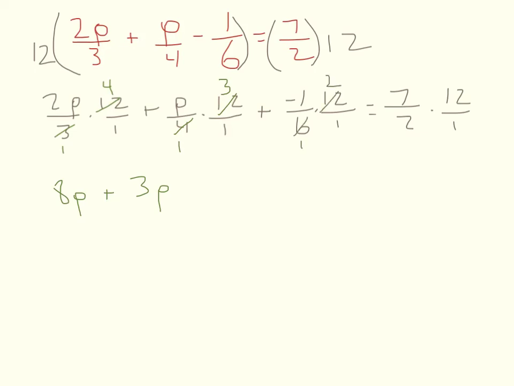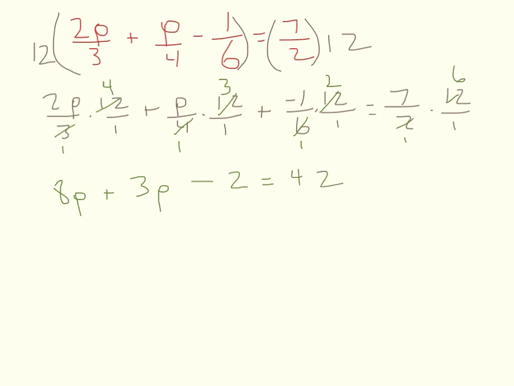I have negative 1 times 2, which is plus negative 2, or if you want to change that back, that's the same thing as minus 2. Equals, and then on the other side, I'm going to divide by 2 and divide by 2. And then I have 7 times 6 is 42.